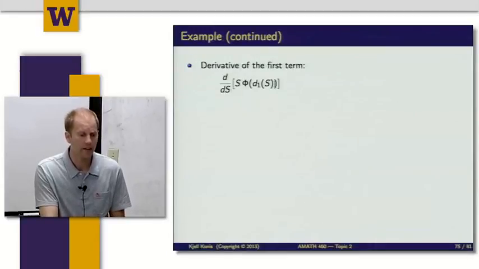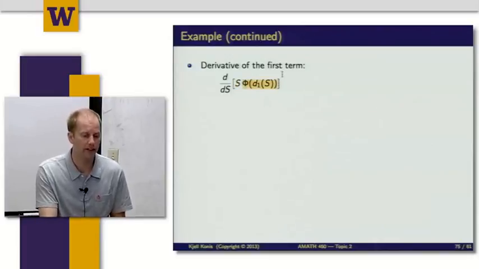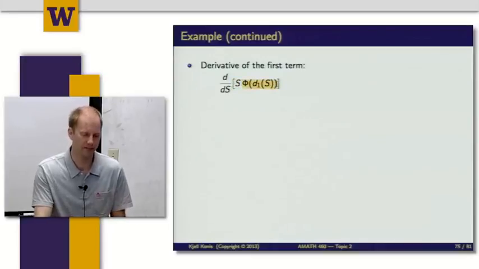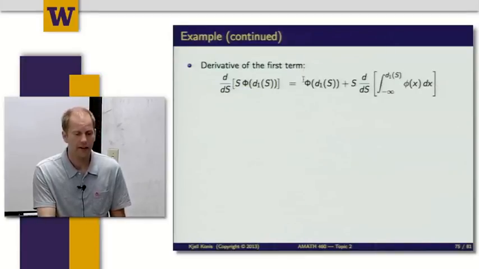So for the derivative of the first term, I have S times a function of s. So I'm going to need to use the product rule. That's just going to tell me that the derivative of this function here is going to be the derivative of s times this plus the derivative of this times s. So here the derivative of s is just 1.